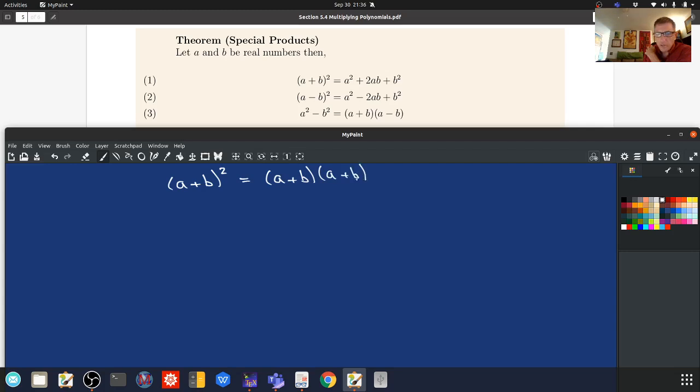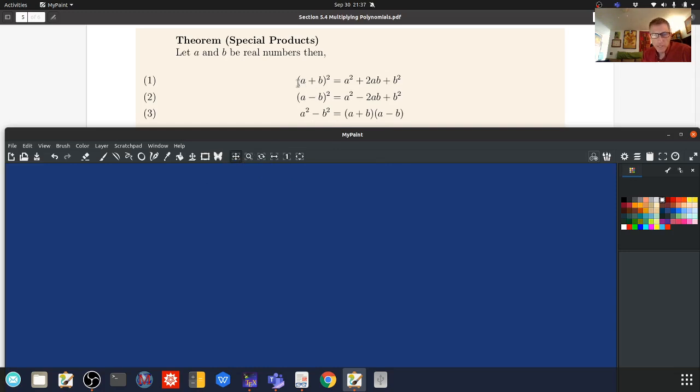So you would not necessarily have to memorize these formulas, but again, these are really common. So it's helpful to do it. Especially number 3. Number 3 is a necessity.